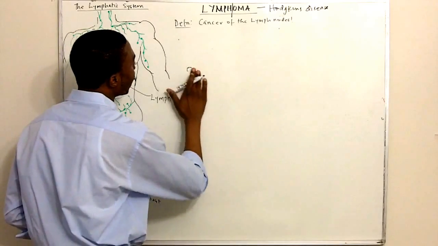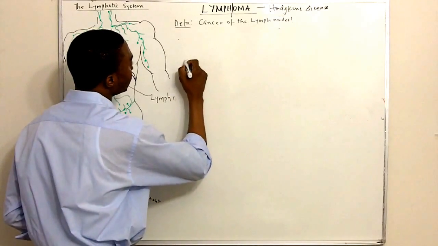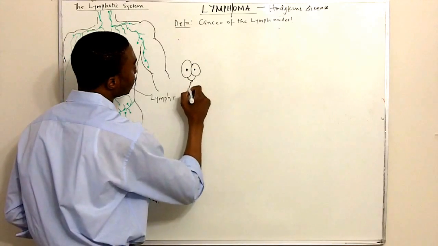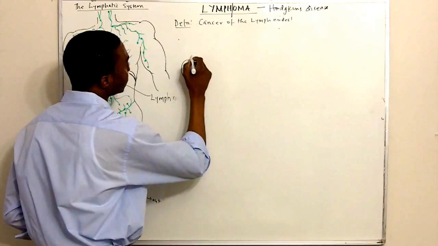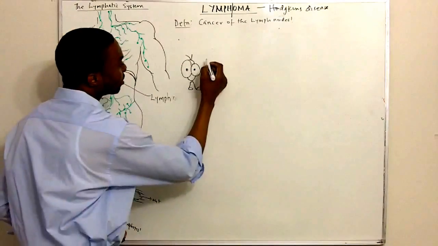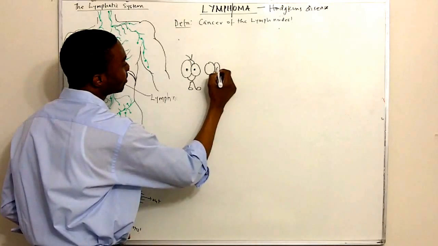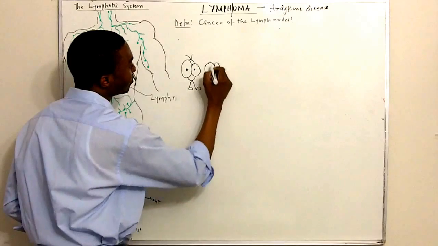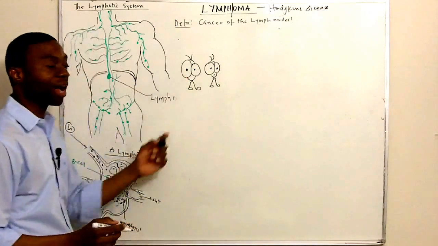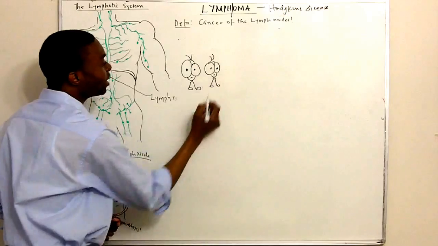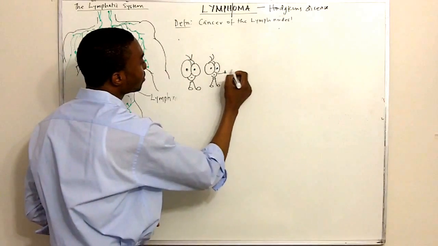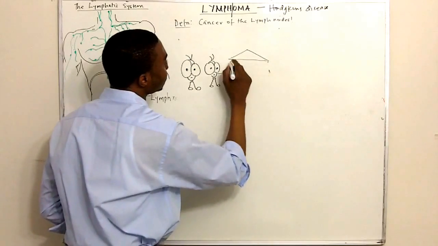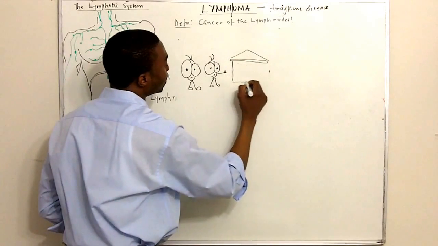So here's one Reed-Sternberg, and here's his friend. They heard about a party that's going on in town. They've got the owl eyes, right? So they knock on the door, and here's the house. It's a nice, beautiful house.